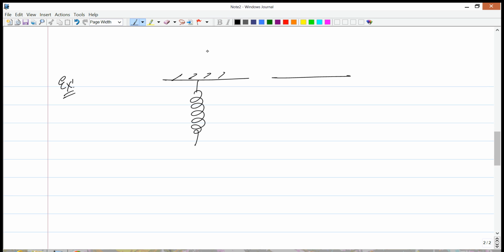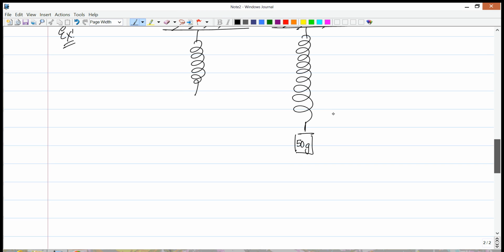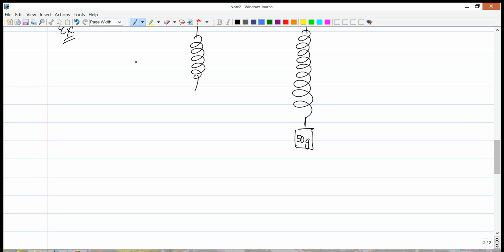Okay, so we're going to do something very simple. Let us take this spring and exert a force on it, and we're going to do this by attaching a mass. Let's say I attach a 50-gram mass to the spring, and what we observe is that the spring has stretched by, let's say, 3 centimeters.